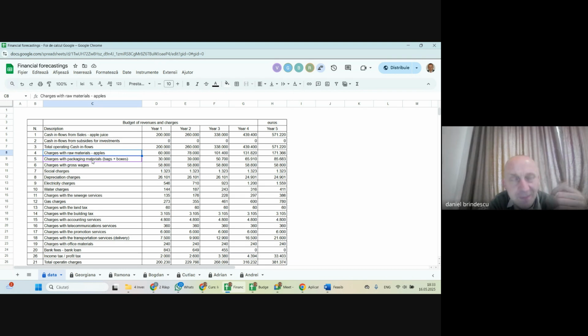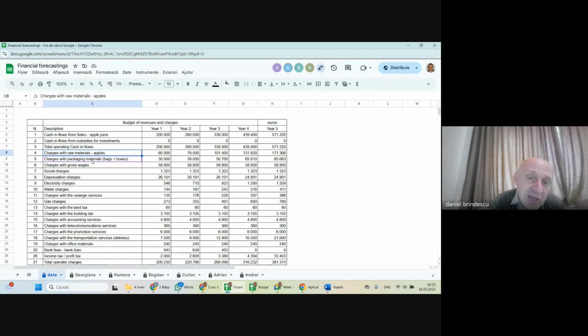financial accounting, the charges are what? The monetary value of the consumptions. So the fact that I have here charges with apples of 60,000 within the first year means that I'm planning to consume apples of 60,000 euros worth.